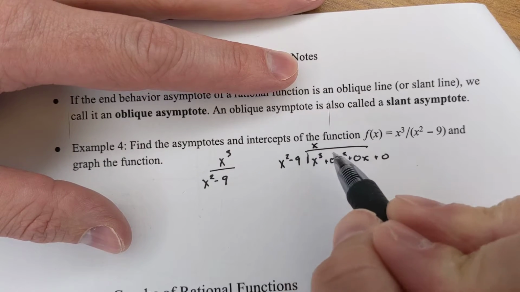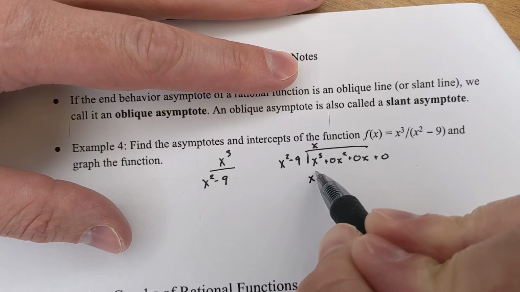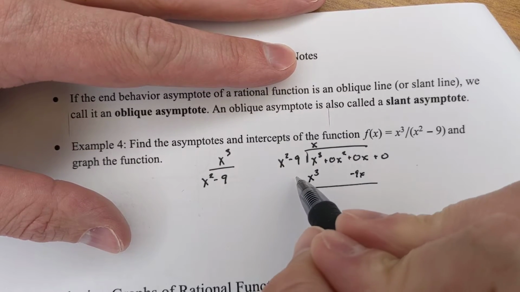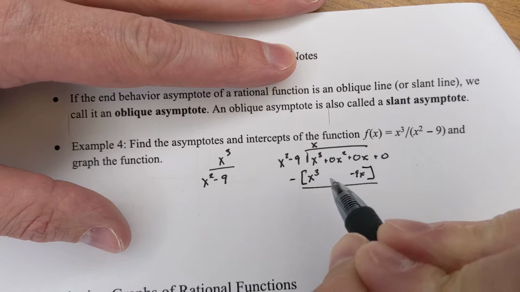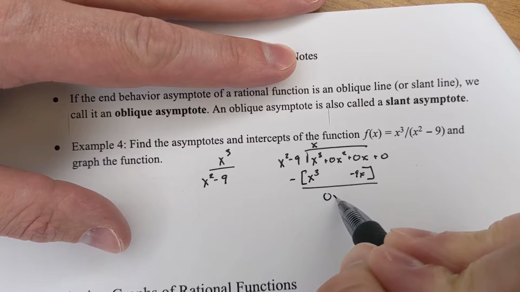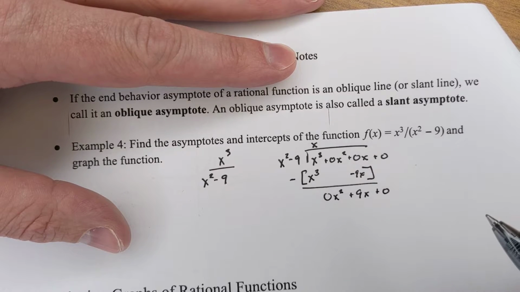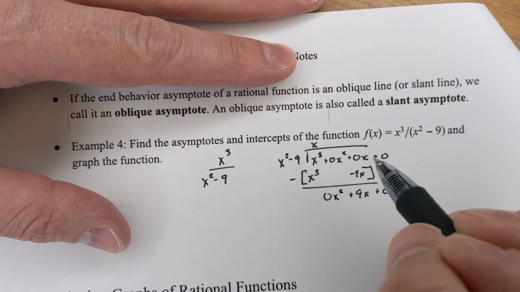So this is going to be x, so x times x squared is x cubed, x times negative 9 is negative 9x, and then I subtract all of this stuff. So those go away. I have 0x squared comes down, I have positive 9x, and then the last 0 comes down.